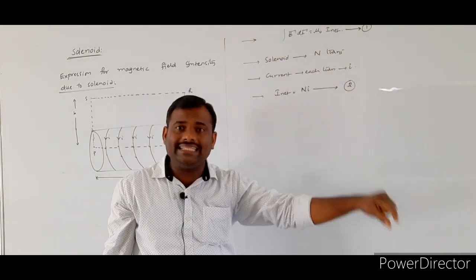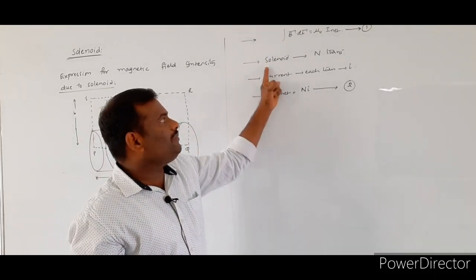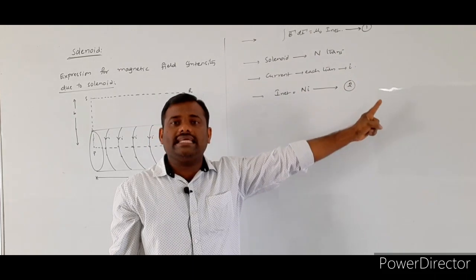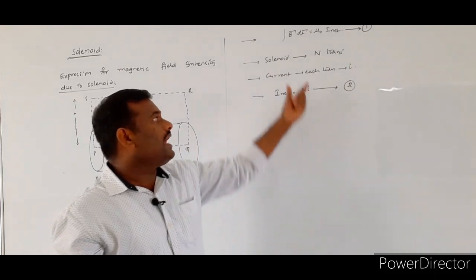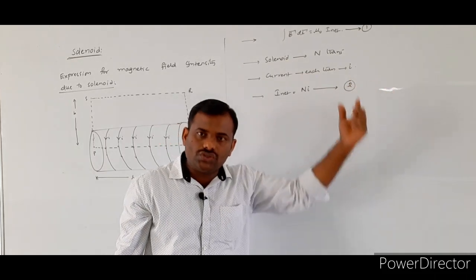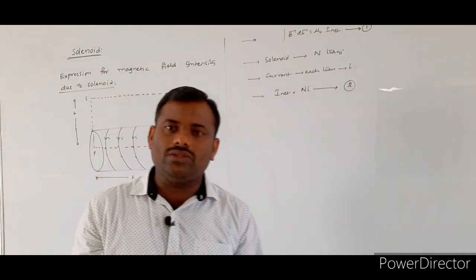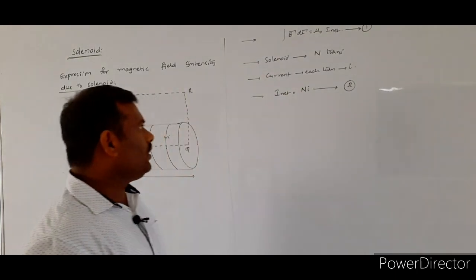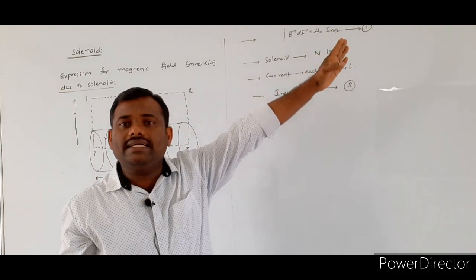I net indicates the net current passing through the given closed loop. The solenoid consists of capital N number of turns, and through each turn I amount of current flows, so the total current passing through the solenoid is N into I. So I calculated the right side term value.